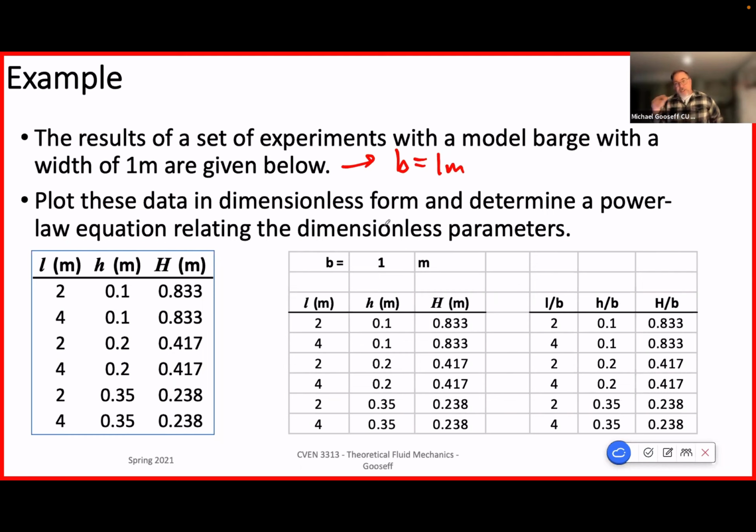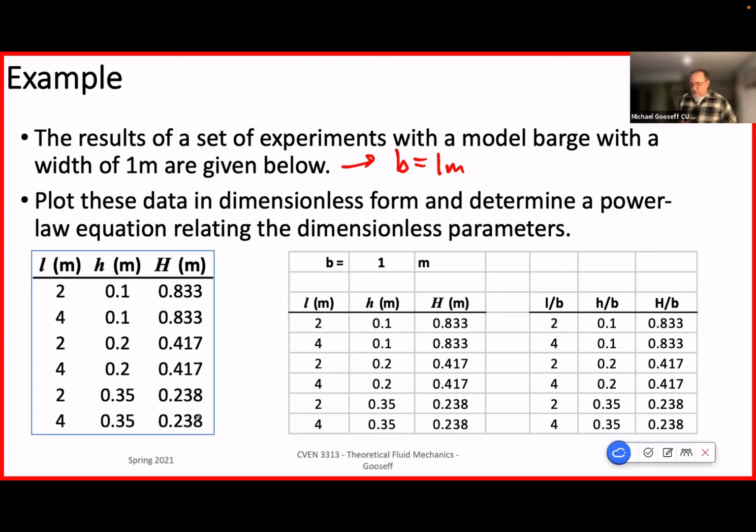We didn't change B. We had one 1 meter width barge that we could do some experiments with. And we modified L 2 different ways. We have 2 meters and 4 meters for L. We modified little h from 0.1 to 0.35. And we modified big H, it came out to 0.833, 0.417, and 0.238. So we put these combinations together.